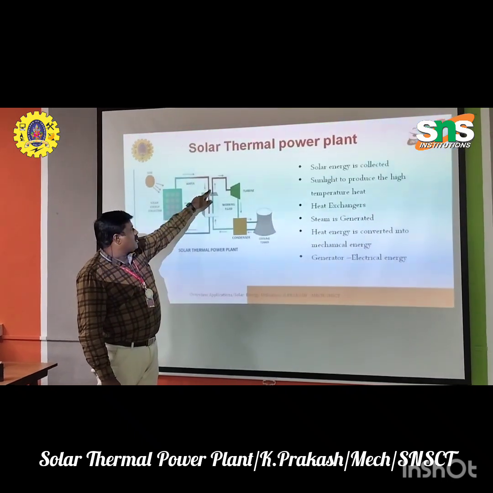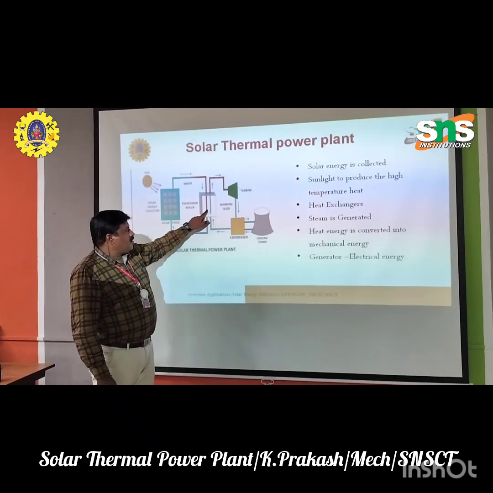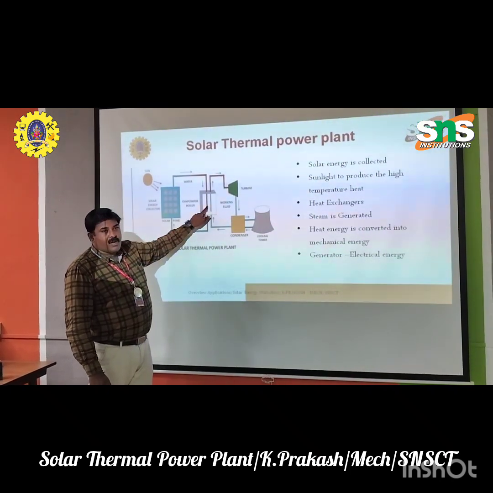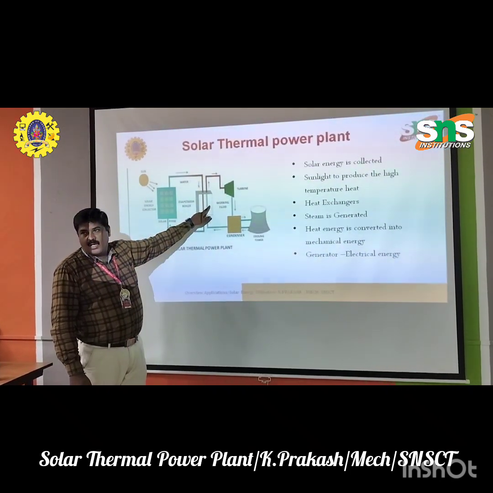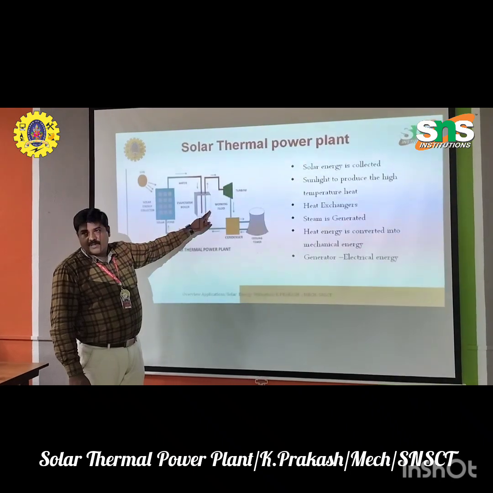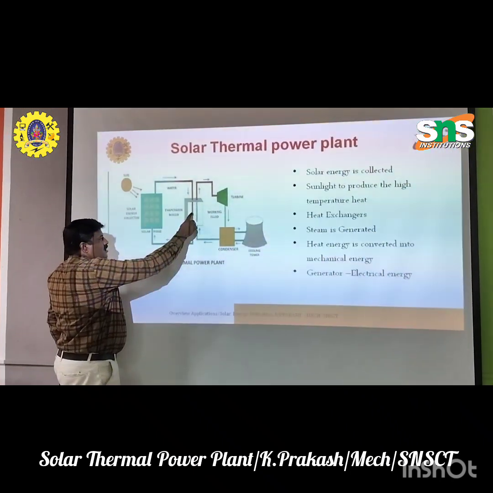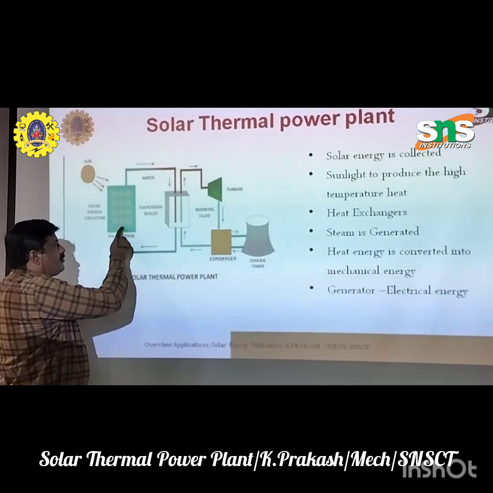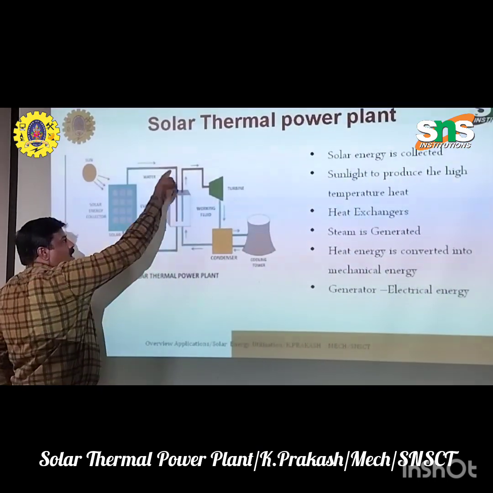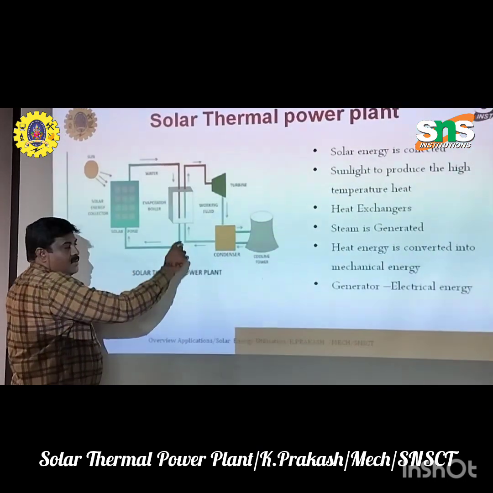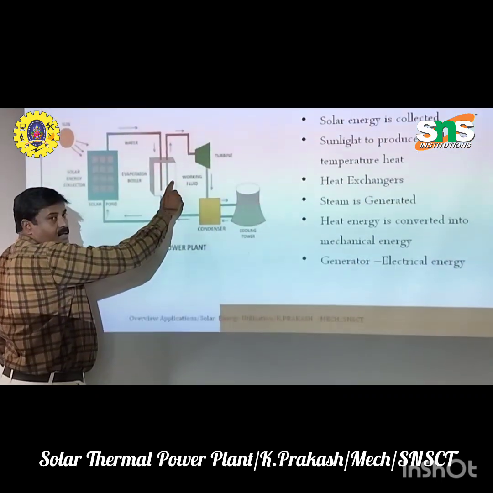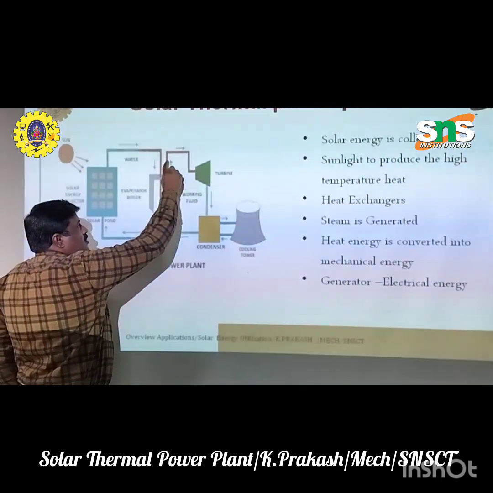This hot liquid comes here, where there is a cold liquid. Heat from the hot liquid flows to the cold liquid, which absorbs the heat. When the heat is lost, the hot fluid becomes cold fluid, and again comes back to absorb the heat. Here the cold fluid absorbs the heat and converts into steam.